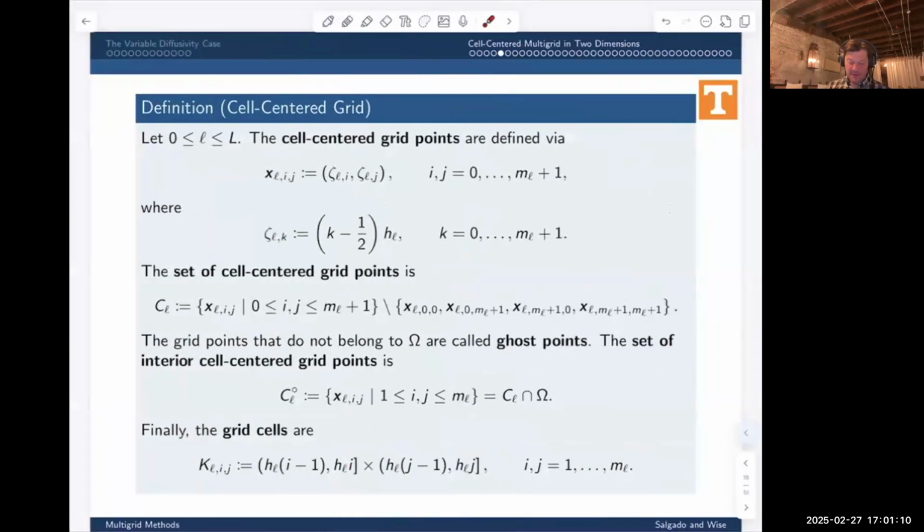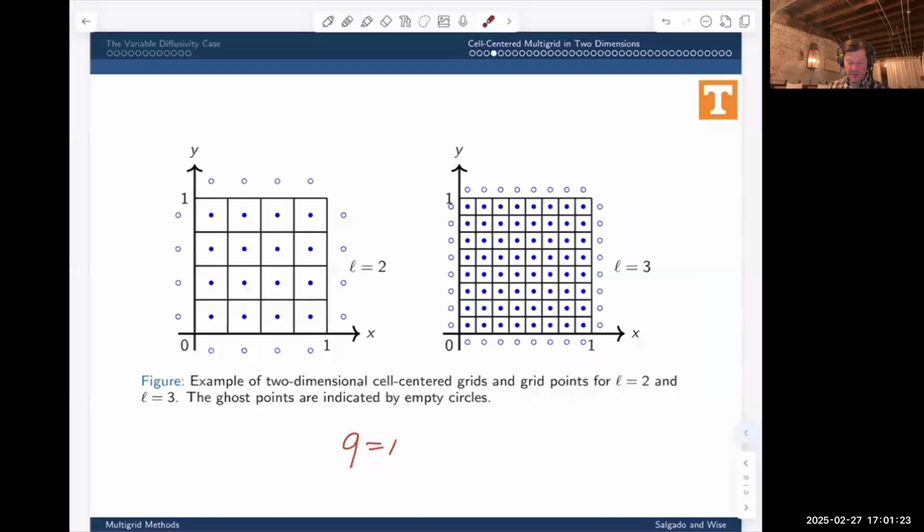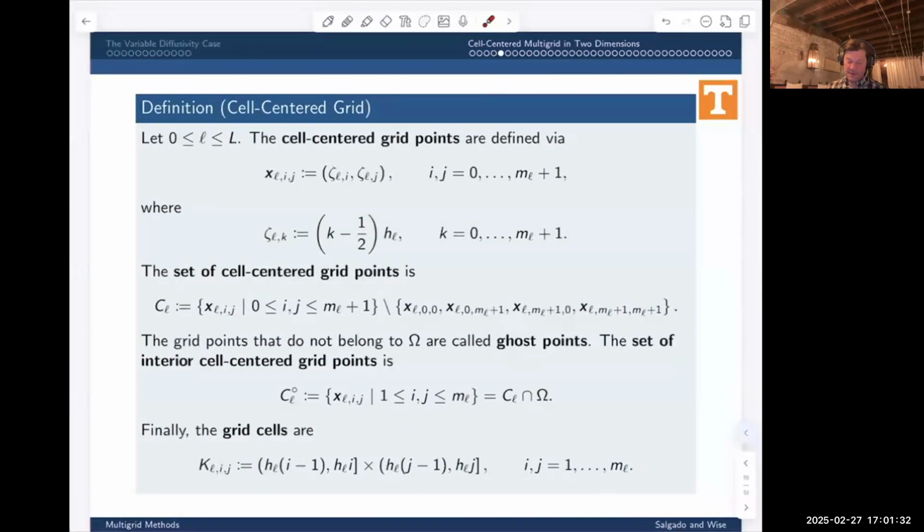And so I'm going to define the set of cell-centered grid points as a set of all points which satisfy this definition for j and i between 0 and M_l plus 1. That would grab simply all of the points. But I'm going to go back and delete these 4 because I don't need them. So that's why I'm subtracting off those 4 particular points.